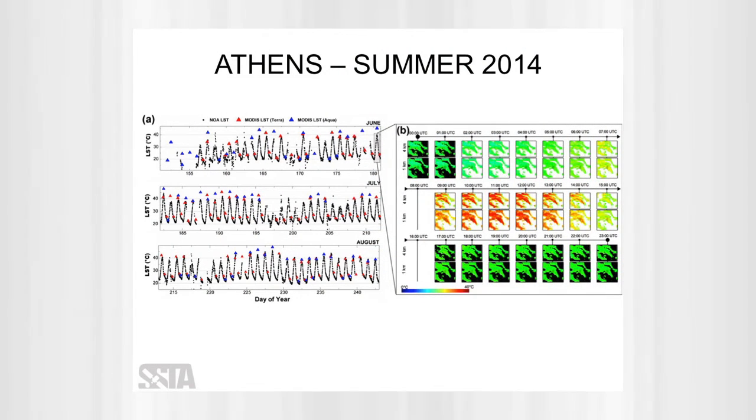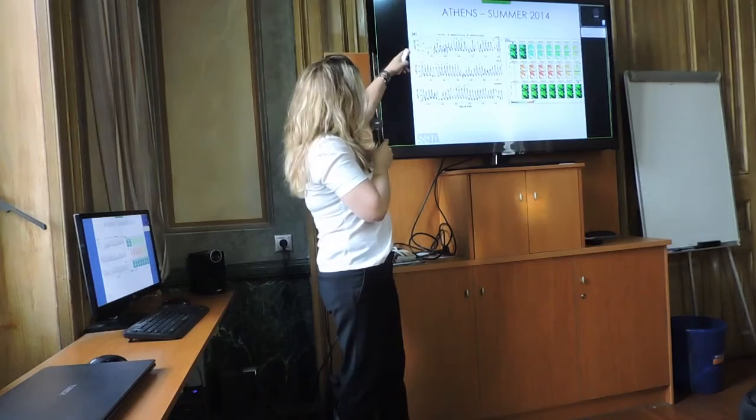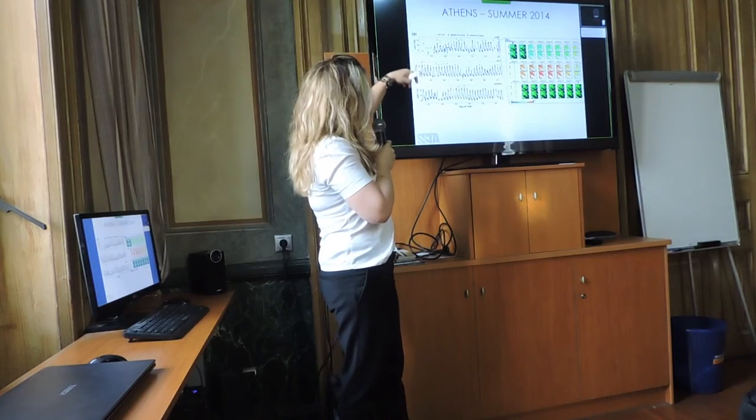Here you have one day, 24 hours, by taking hourly images. And this is the day of the year, the land surface temperature for June, July, and August.